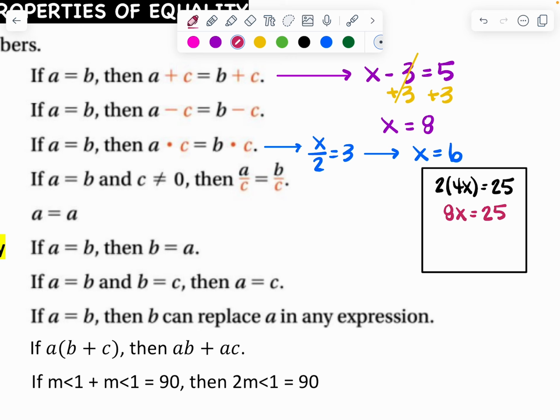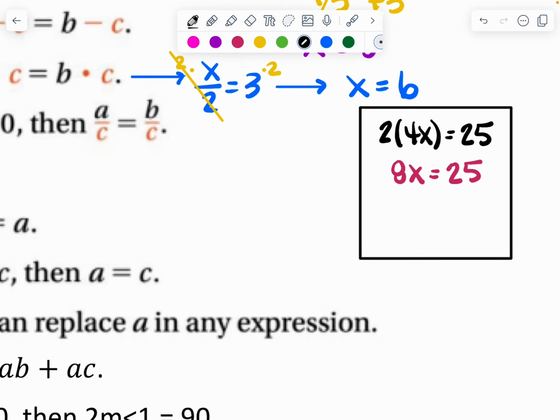But I just want to make you aware that that's not the multiplication property. The multiplication property is when I multiply both sides by the same number in order to solve for an x. And that's not what we did over here in this box. I just multiplied 2 times 4. I'm just doing the operation of multiplication. I'm not using the multiplication property. Okay, so I just want to make sure that we understand that there's a difference.